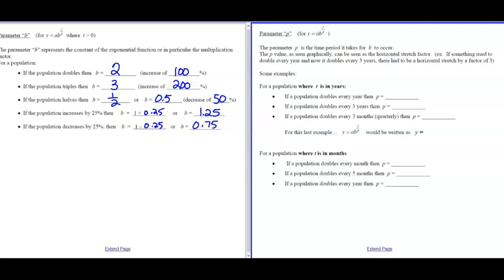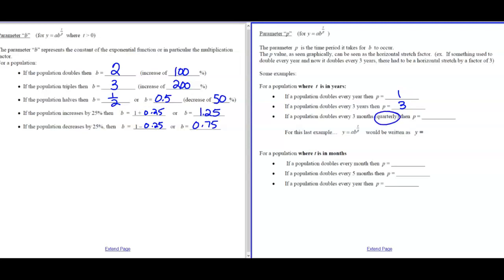Okay, so for a population where t is in years, if it doubles every year, p is 1, right? Same time period. If it doubles every 3 years, then p is 3. Now, if it doubles every 3 months, which we sometimes call quarterly, that's 1/4 of a year, then p is, so think about this, it's not 3.